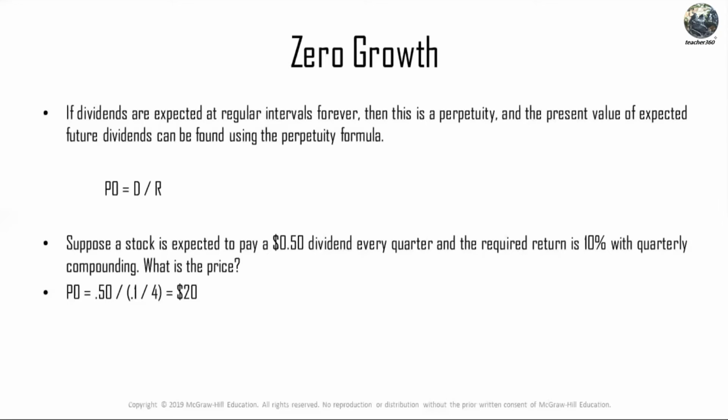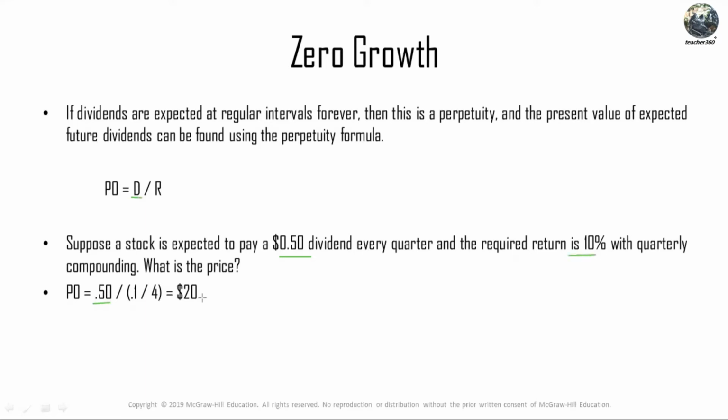So we can see an example for zero growth rate. Suppose a stock is expected to pay a $0.50 dividend every quarter, and the required return is 10% with quarterly compounding. What is the price? According to the formula, your dividend payment D is 0.50, and the required return is 10%.